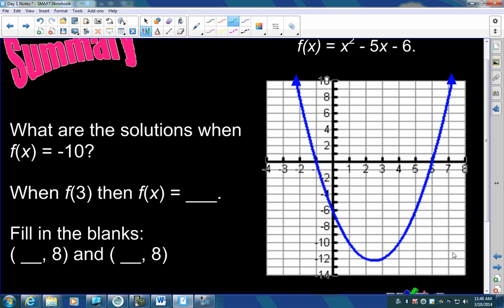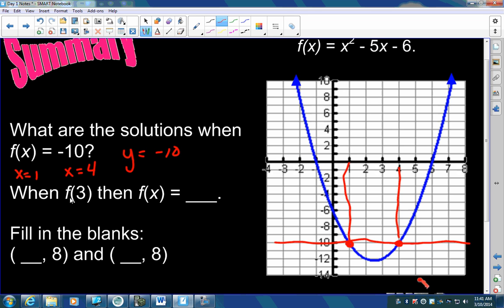So in the summary, it says, what are the solutions when f of x equals negative 10? F of x is the same as y equals negative 10. So as I look for where y equals negative 10, I go across here in my nice straight line, and it crosses in 2 spots. My solutions are x equals 1, see, it crosses right here at 1, and x equals 4.